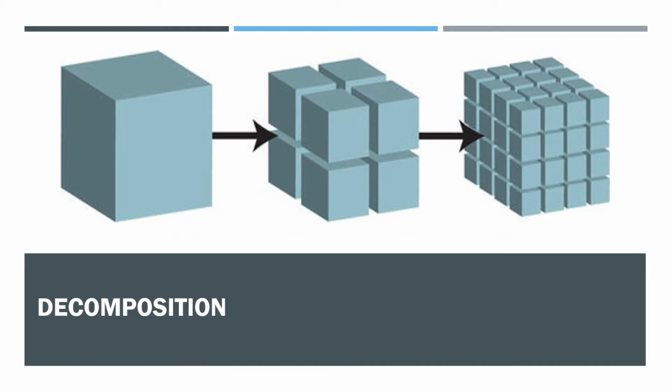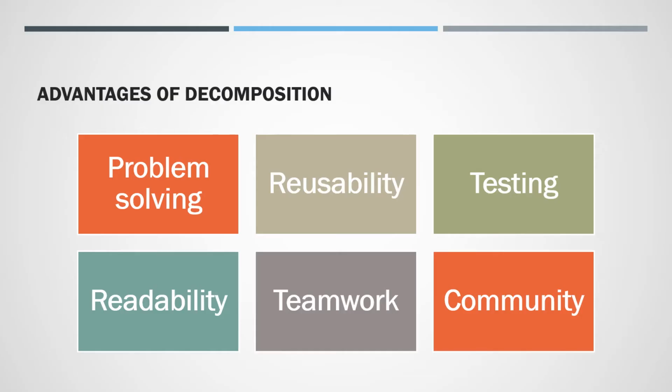So decomposition means breaking a big problem down into many smaller problems. It has many advantages to the programmer. It makes problem solving easier because it turns a big problem into littler, easier problems.